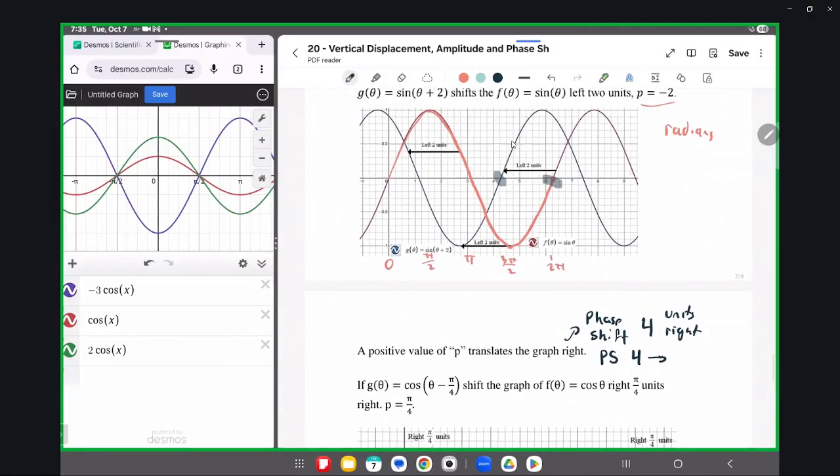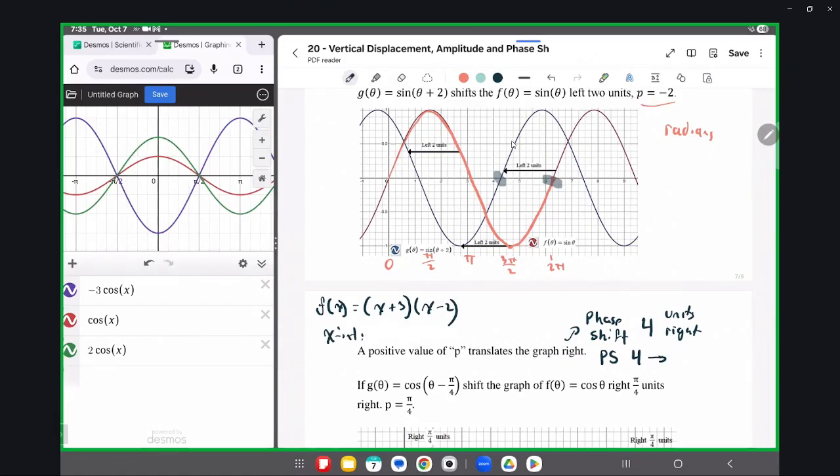This is very similar to how we analyze the x-intercepts with respect to polynomial functions. So suppose f of x was equal to x plus 3 and x minus 2. Then the x-intercepts would be the opposite of this.